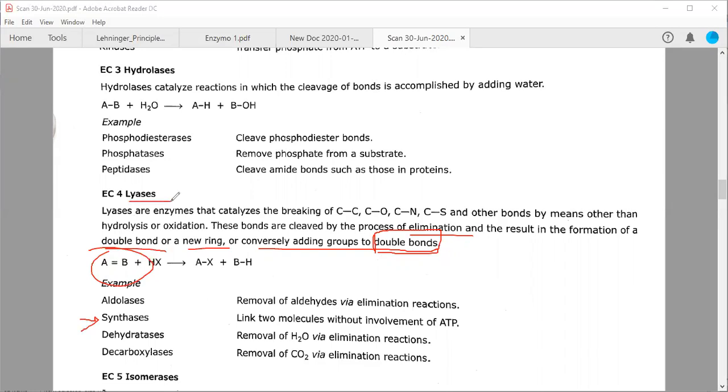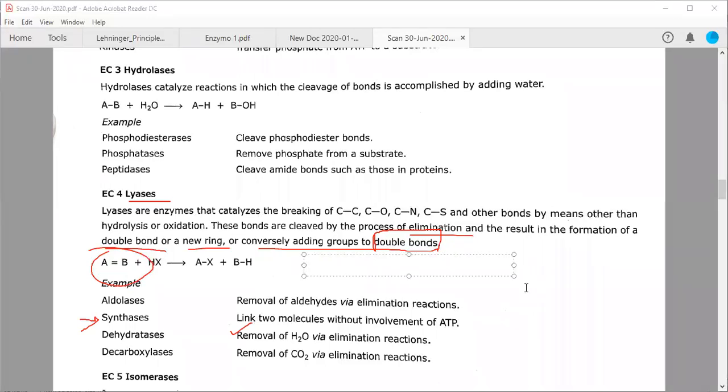You should remember this point. So aldolases, synthases, dehydratase, decarboxylase, all these enzymes are coming under this class. And I would like to add two more examples to this class so you can note them.